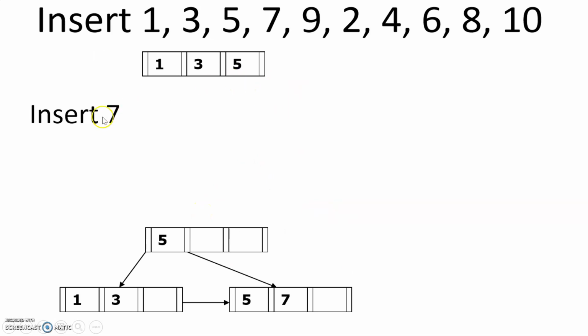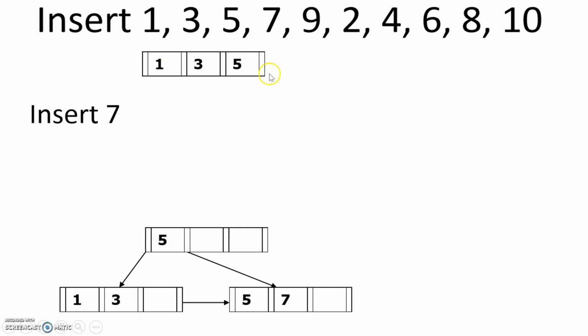Let us now suppose I'm inserting 7. If I insert 7 here, this node is full, so it will overflow. That means we are going to split it and promote a central element towards the parent.